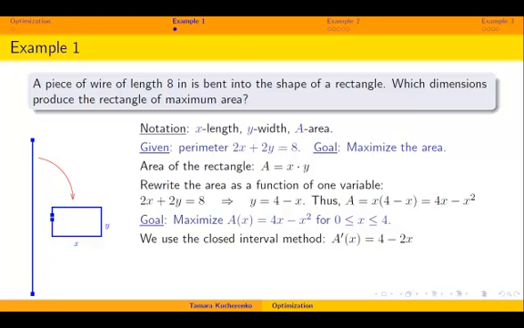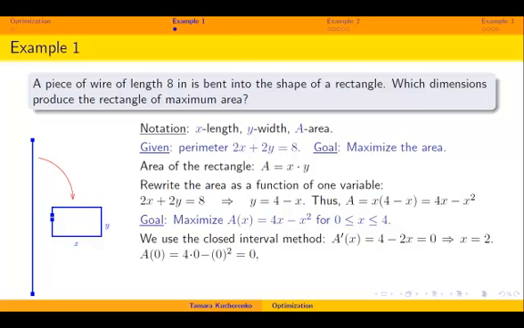Setting it equal to 0 and solving for x, we find that x equals 2 is the critical point. It remains to calculate the values of A of x at the endpoints x equals 0, x equals 4, and the critical point x equals 2.